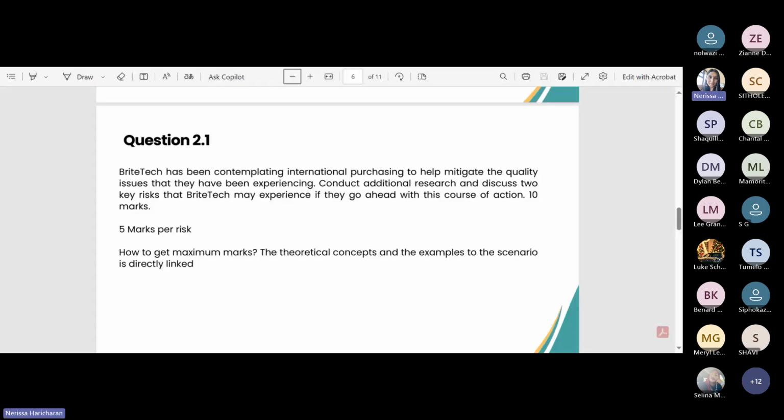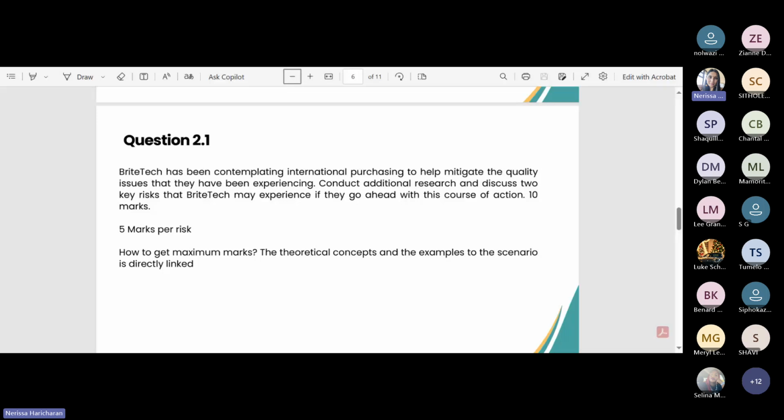Okay. Are there any questions? And very similarly here, 5 marks per risk. Speak about your risk, whether you choose a culture and communication risk, something from a procurement perspective, the delays I spoke about from a logistics side, or inventory risk from a quality perspective: you can't always prepare yourself for what quality you're going to receive, especially if you're importing it.